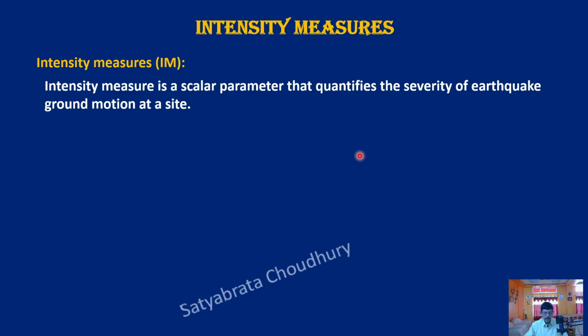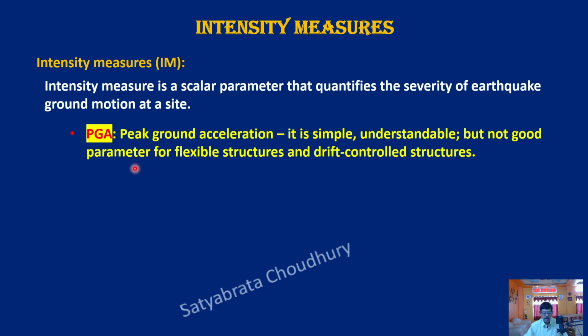Now let us try to understand the different types of intensity measure. An intensity measure is a scalar parameter that quantifies the severity of earthquake ground motion at a site. It can be expressed in different ways. One is the peak ground acceleration, PGA. It is simple and understandable, but not a good parameter for flexible structures and drift controlled structures.